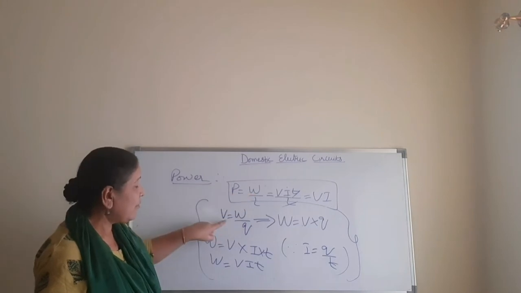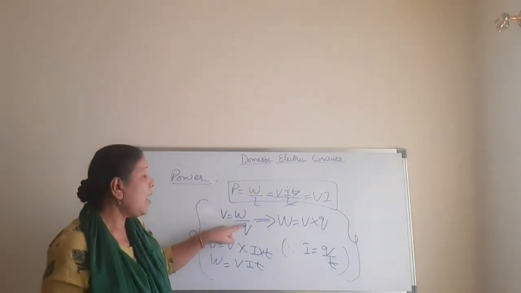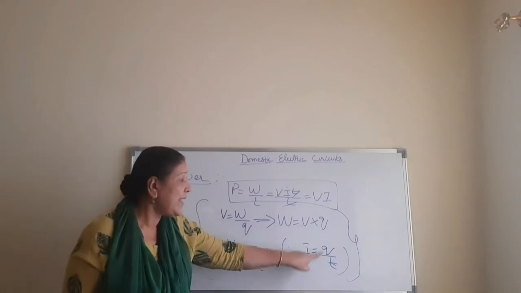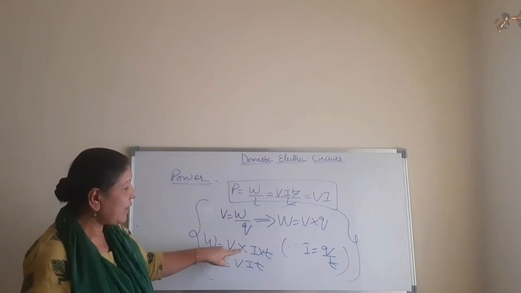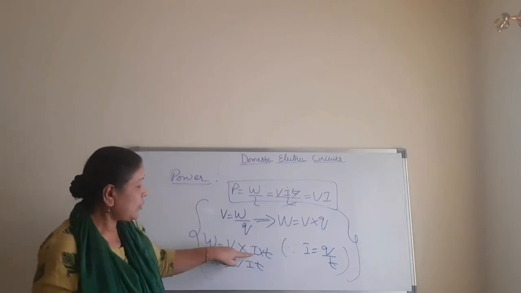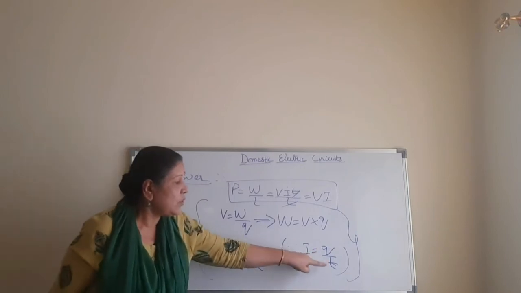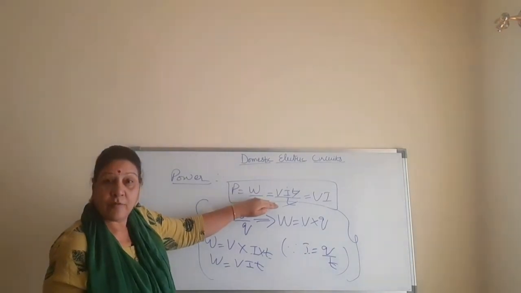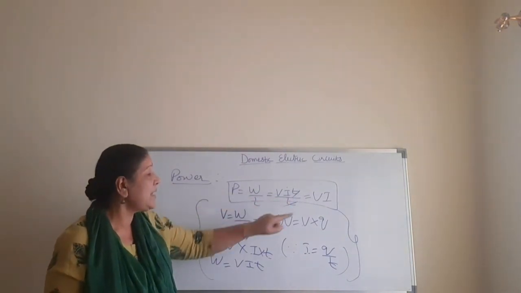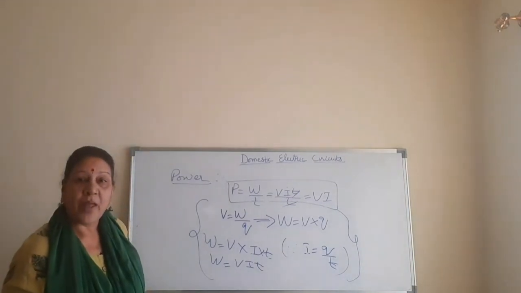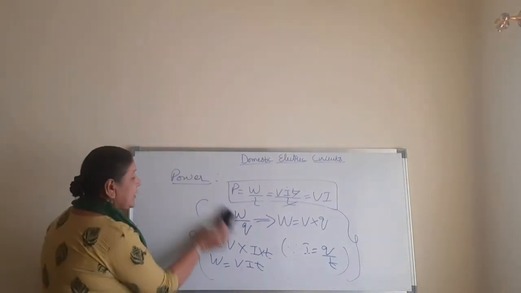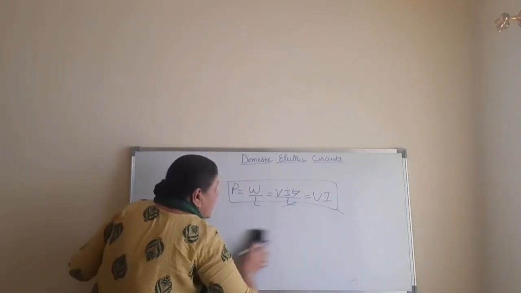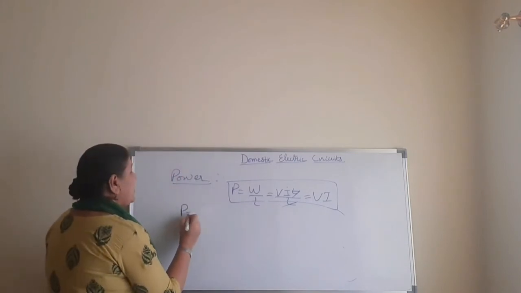We know that V is equal to W by Q, and from here W is equal to V into Q. Again, we know the formula that I is equal to Q by T. Instead of Q I have written IT, and W is equal to VIT. If I substitute the value of W here, VIT by T, so P is equal to VI. Clear? So electric power is equal to V into I. I am writing it here. P is equal to VI.